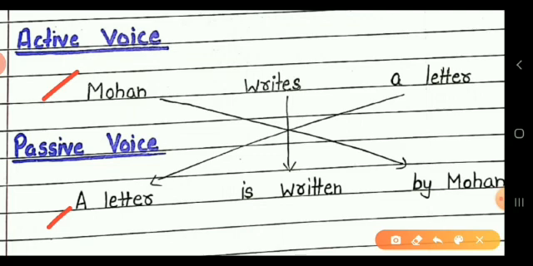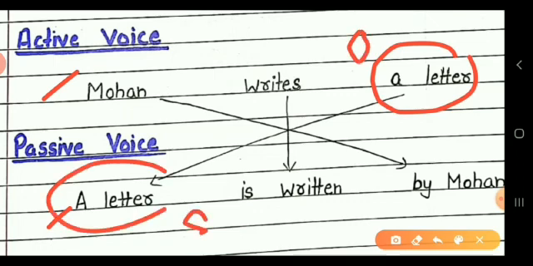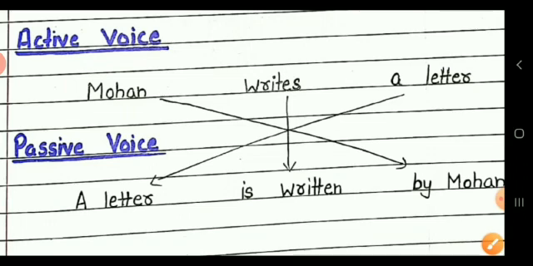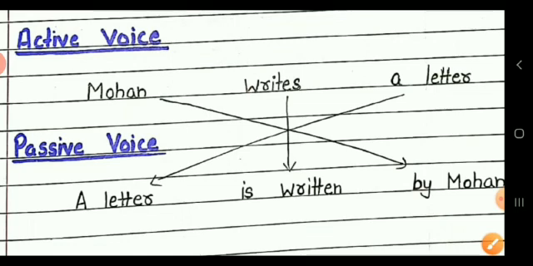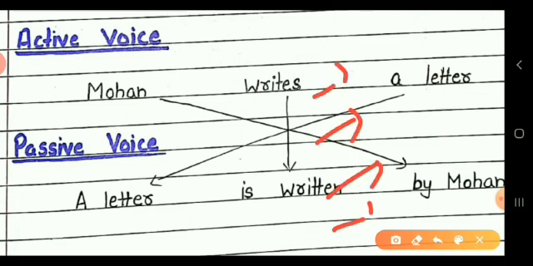Now Mohan is the subject in active voice and object in passive voice, and a letter is the object in active voice and is converted into the subject in passive voice. So this is the basic difference between the two, that the subject will convert into object, but we have to write the word "by" with that particular word in passive voice. So you have to understand that. This is the basic difference.